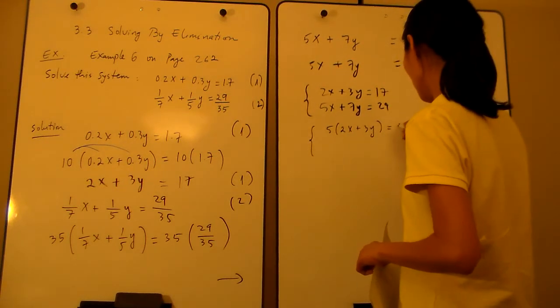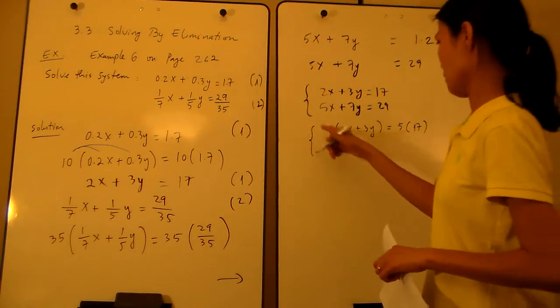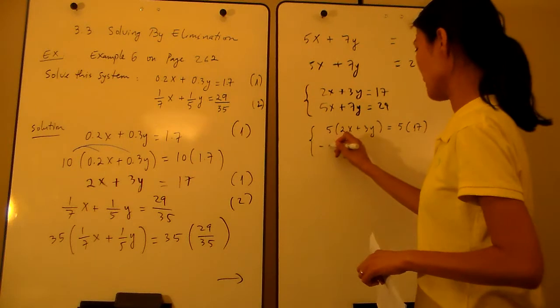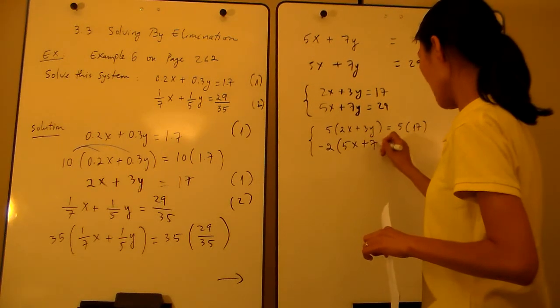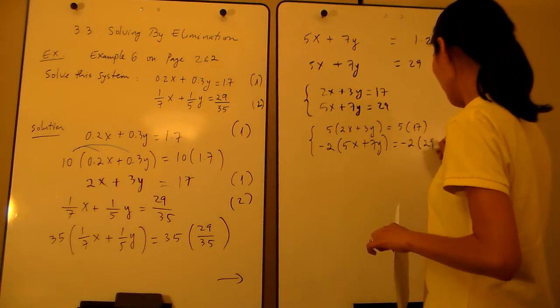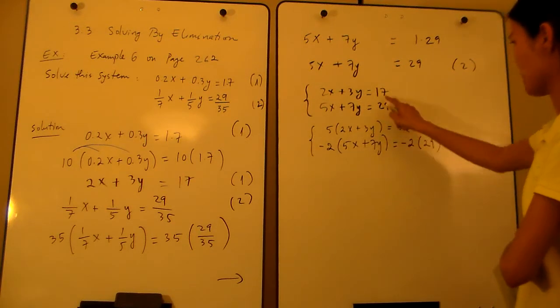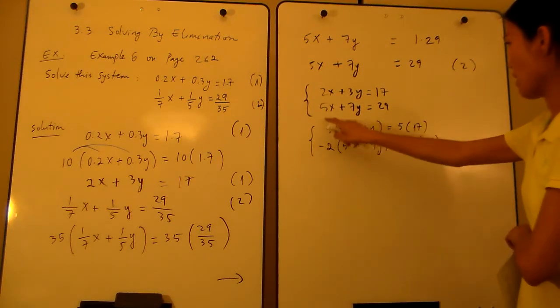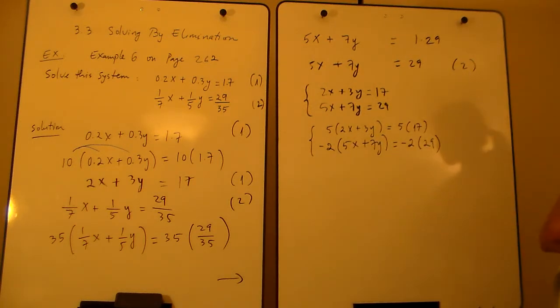And don't forget, when you multiply, you multiply both sides. For the second equation, I'm going to multiply by -2: -2 times 5x plus 7y. Don't forget to multiply both sides by the same number. So 5 times 2x plus 3y equals 5 times 17, and -2 times 5x plus 7y equals -2 times 29.